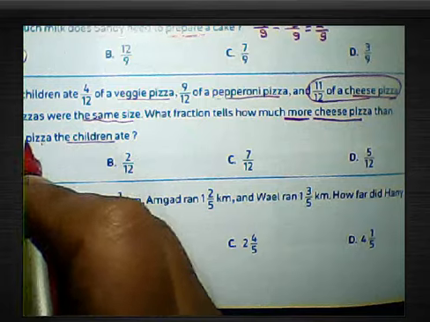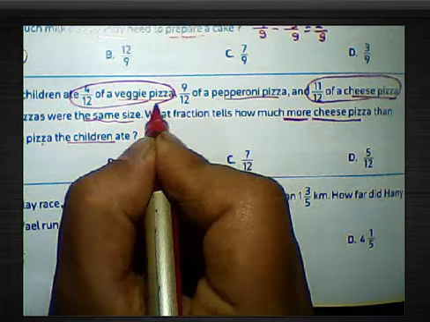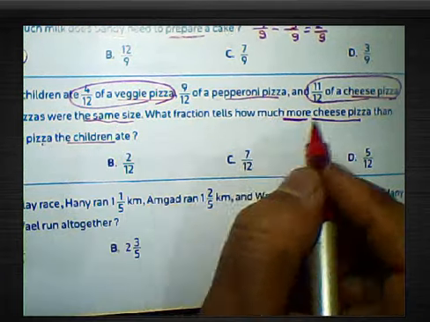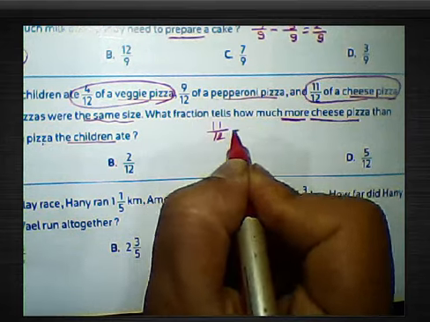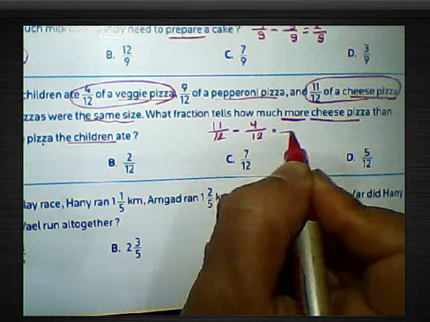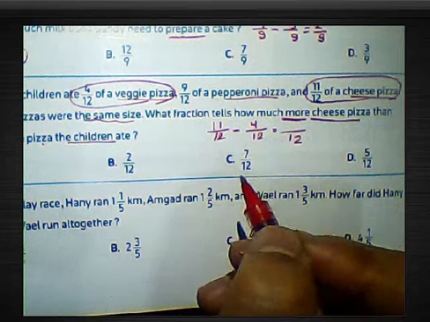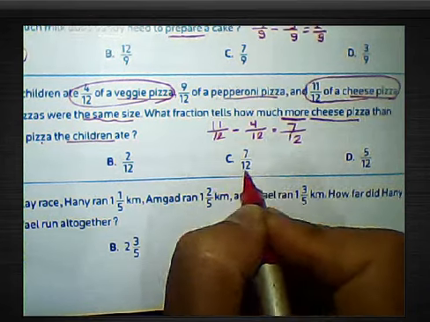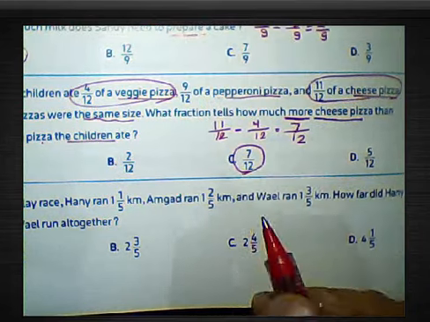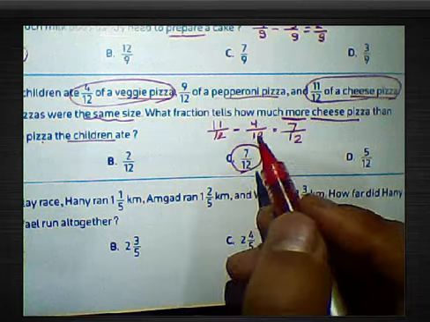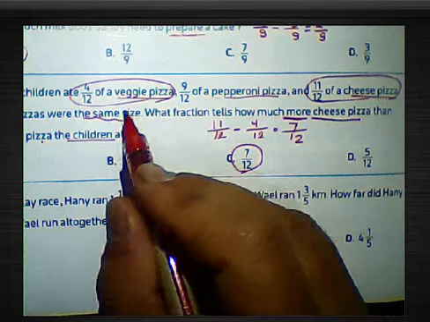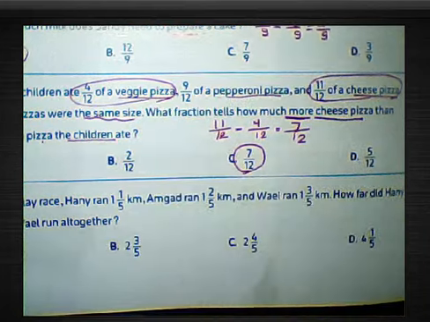We can find the difference between 11/12 and 4/12. 12 here, and 11 minus 4 equals 7. He asked about the difference between 2 types of pizza, cheese pizza and veg pizza.